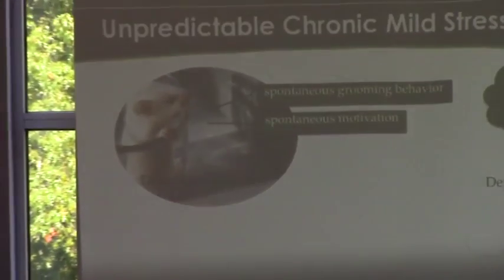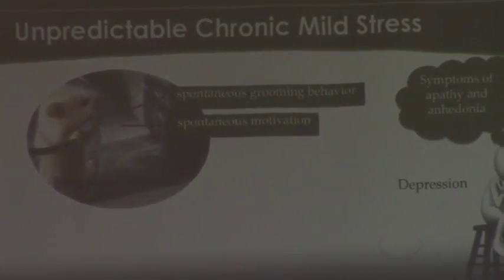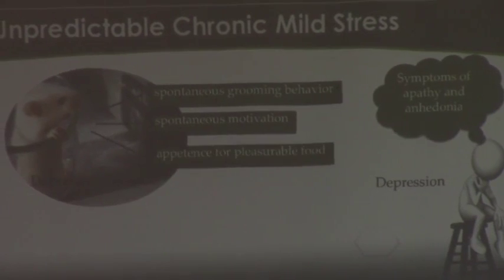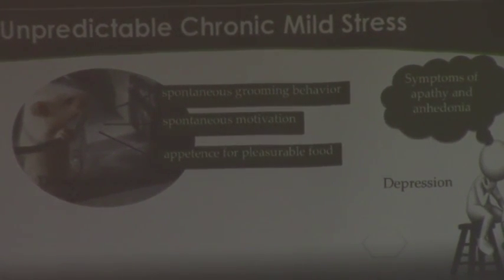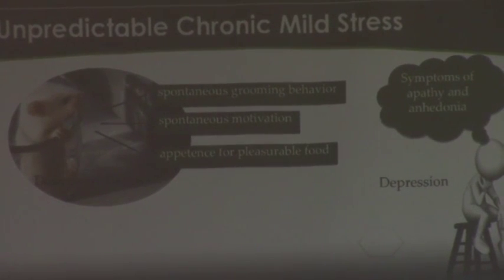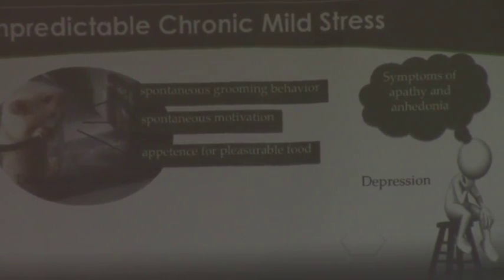And in mice, we can see the depressive-like state, and we have not really the same, but analog behavior with spontaneous grooming behavior, spontaneous motivation, and appetence for preserved food. Apathy and anhedonia can be found in the mice.